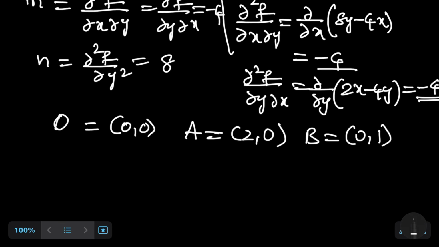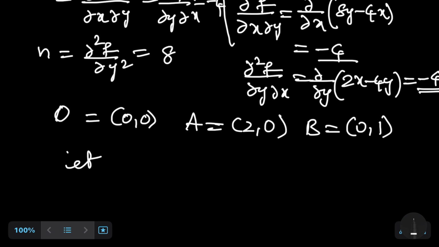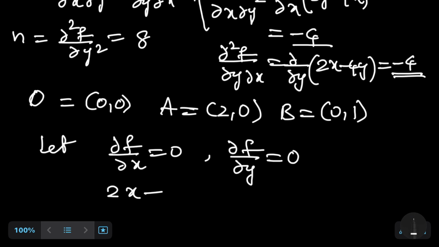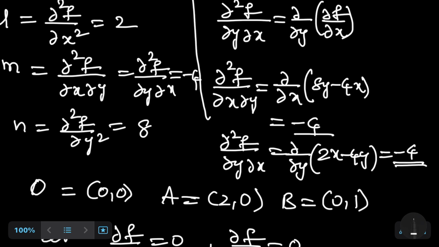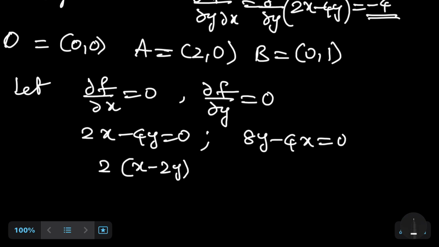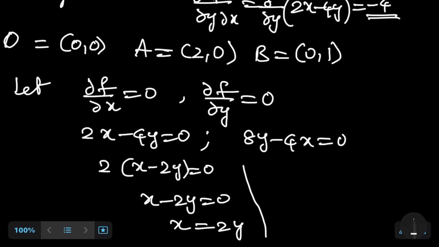But first we find the critical points of the function by solving ∂f/∂x = 0 and ∂f/∂y = 0. ∂f/∂x = 2x − 4y = 0 and ∂f/∂y = 8y − 4x = 0. Taking 2 common, x − 2y = 0, so x = 2y. Taking −4 common in ∂f/∂y = 0, that is also x − 2y = 0.